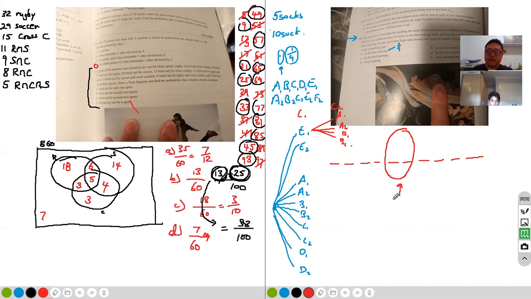So we can either choose A1, A2, or A2, A1, B1, B2, or B2, B1. Does that make sense? So how many combinations can we choose on the third day that are going to be successful?